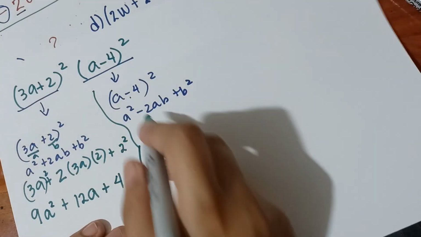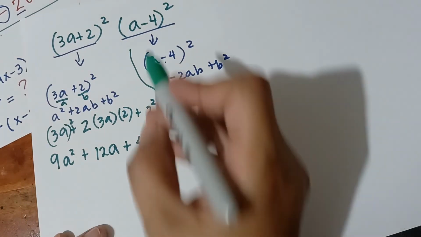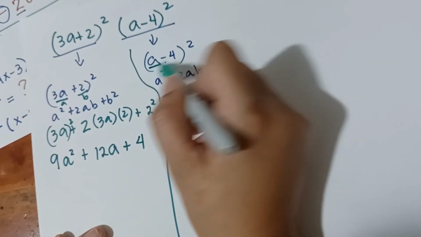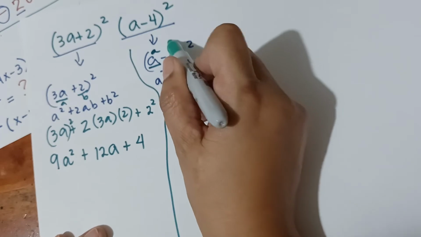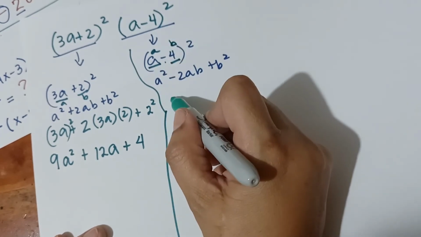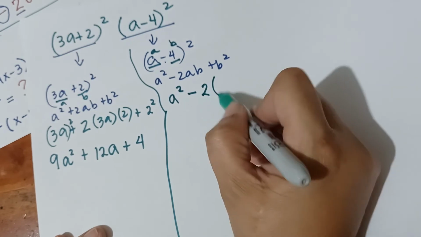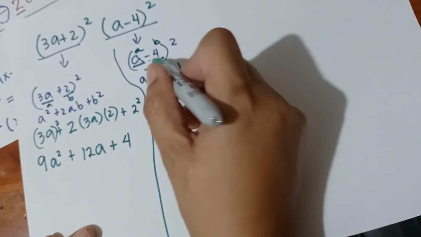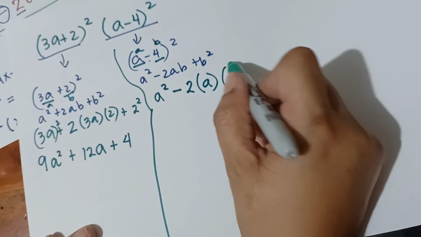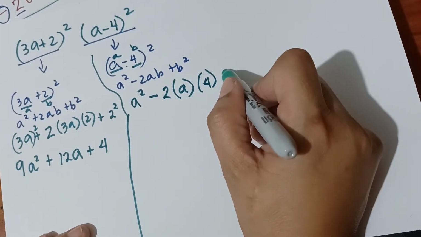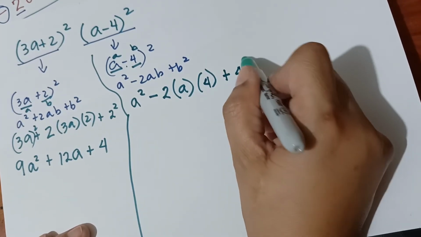Next, let's do the other term. So, our a is this. That's the a. And the negative 4, that will be the b. So, a squared is a squared less 2 times a times the b, which is 4, plus 4 squared.